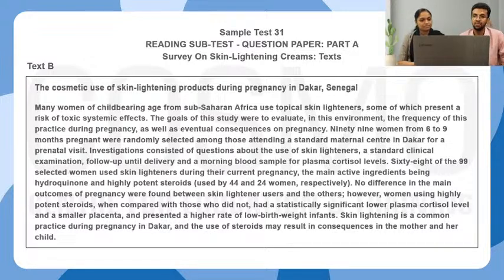And of these 68 women, 44 used hydroquinone and the other 24 used highly potent steroids. Now you come to the answer. 44 women used hydroquinone and 24 women used highly potent steroids.